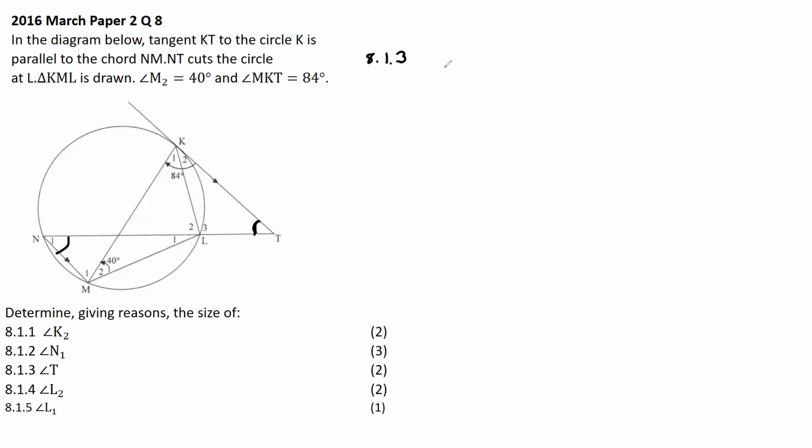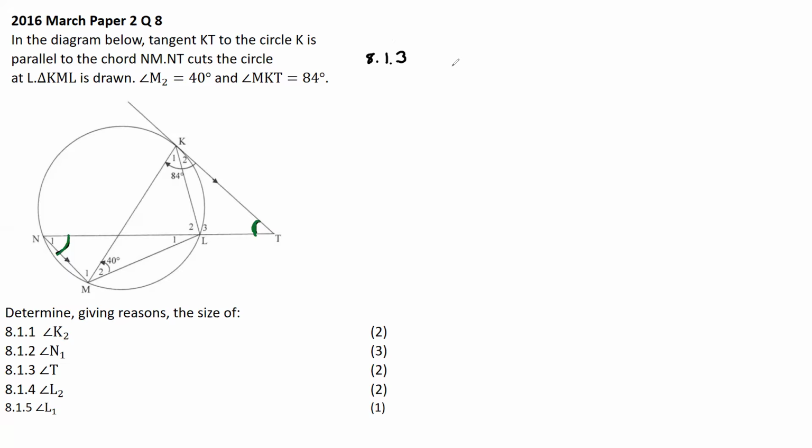Really, why are you saying T and N1 are equal? Come on now, my students, help me out. Parallel lines. T and N1 are equal. Why? All right, alternate angles.